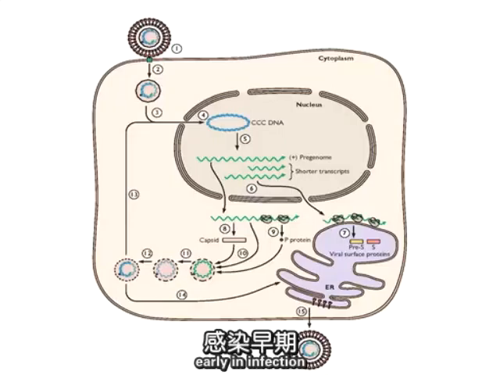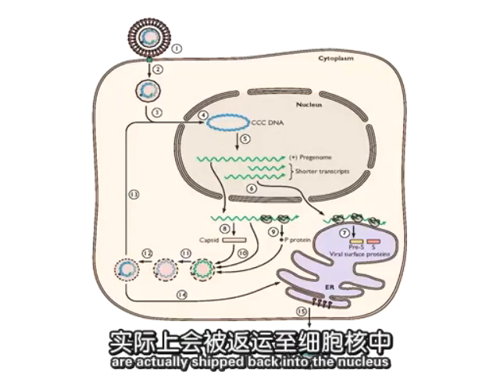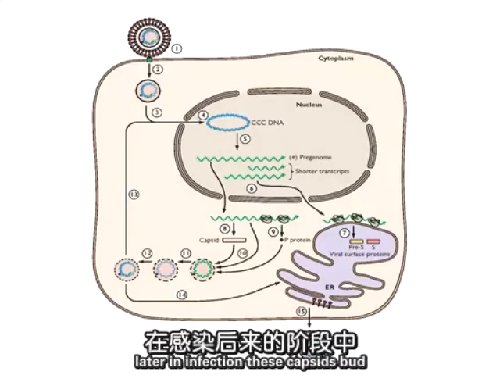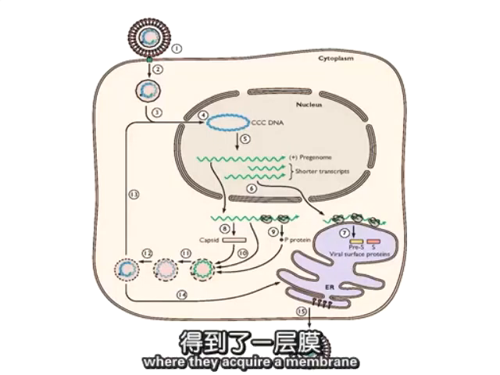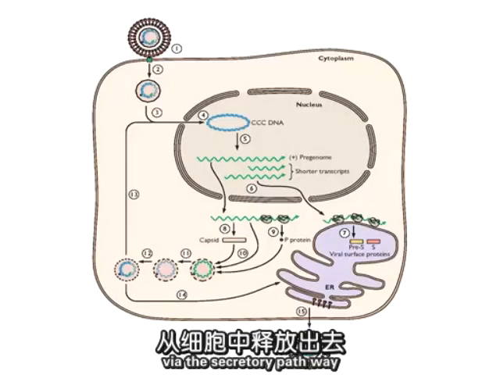Early in infection, these partially completed capsids containing double-stranded DNA are actually shipped back into the nucleus, where they serve as templates for the synthesis of more mRNAs. Later in infection, these capsids bud into the endoplasmic reticulum, where they acquire a membrane, and then they are released from the cell via the secretory pathway.